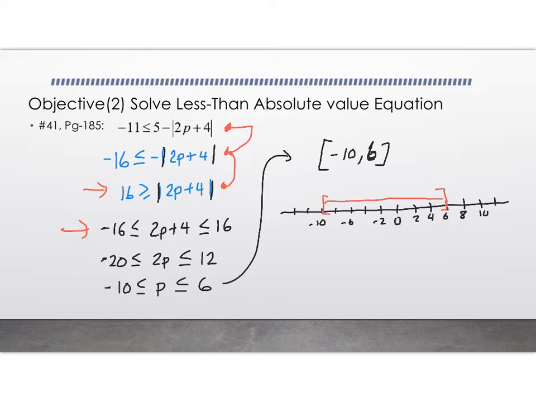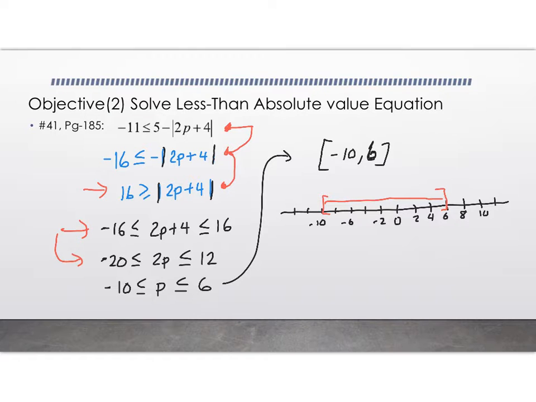So now, what do I do next? Well, I subtract 4 from every part of the inequality. I subtract 4 from the inside, and I subtract 4 from the 16, and I subtract 4 from the -16. That gives me -20 less than or equal to 2p less than or equal to 12.